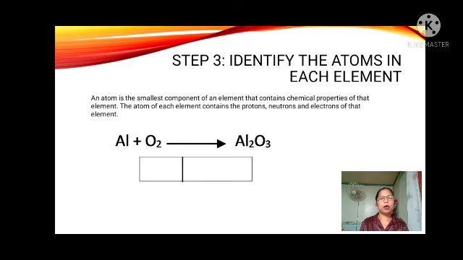So again, using our formula here, we have to identify the number of atoms present in each element. Aluminum is 1, oxygen is 2. On the right side, aluminum is 2 and oxygen is 3.